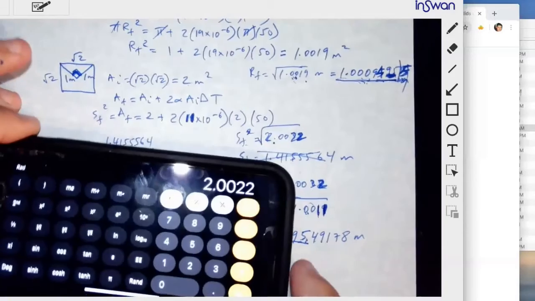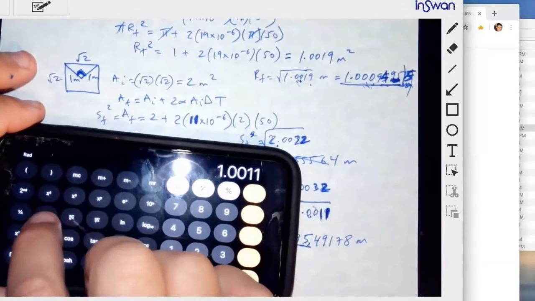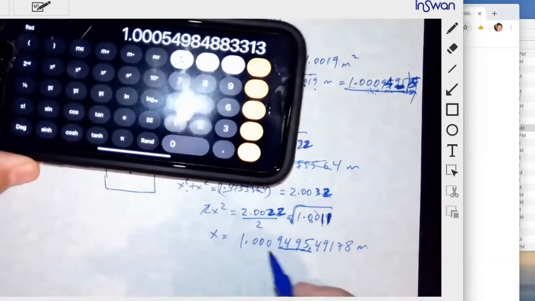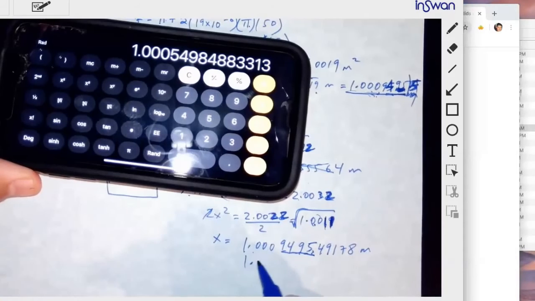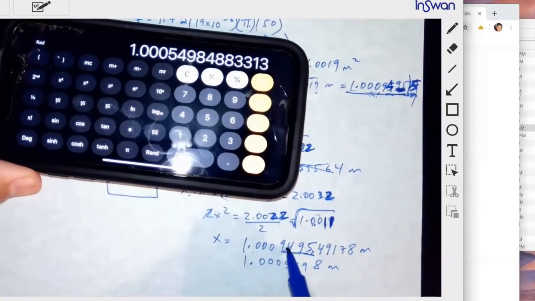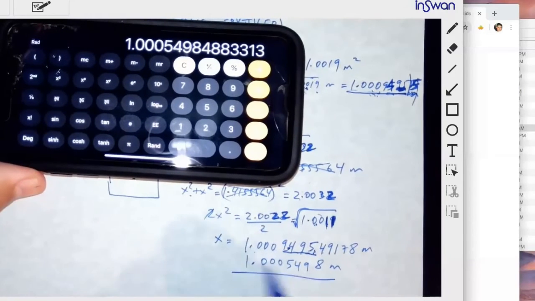So let's divide this by 2 and then square root it. Oh, it's quite different. 1.005498 meters. And then the radius will be that, right? For the circle. Now if we subtract, oh, okay.